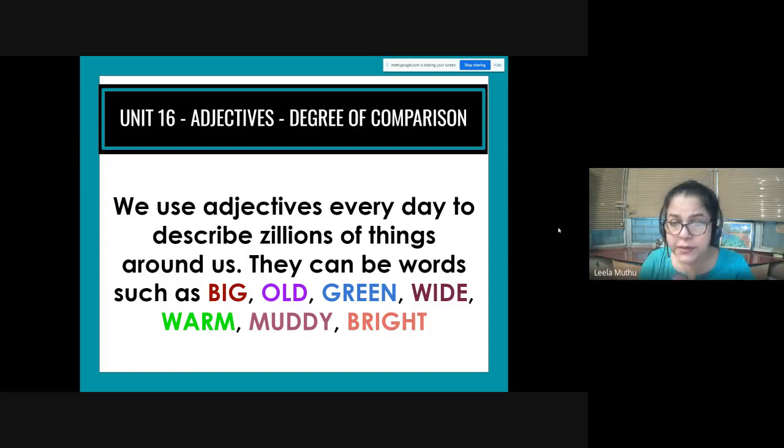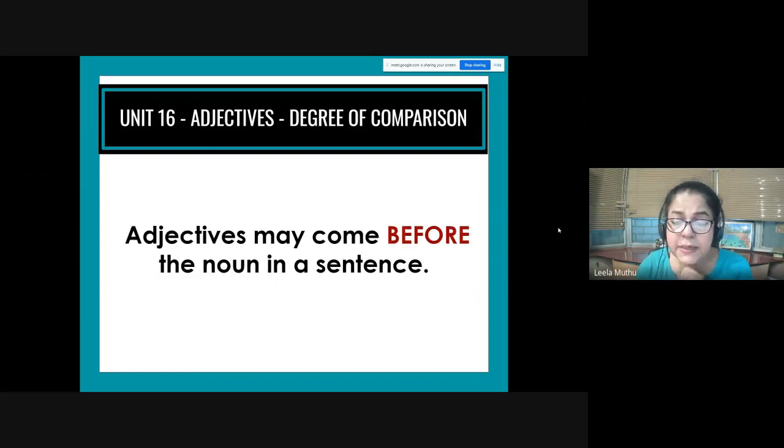Now, adjectives may come before a noun, like a pretty girl, a big house, a yellow flower, a cold day. So you have these adjectives which come before a noun in a sentence.